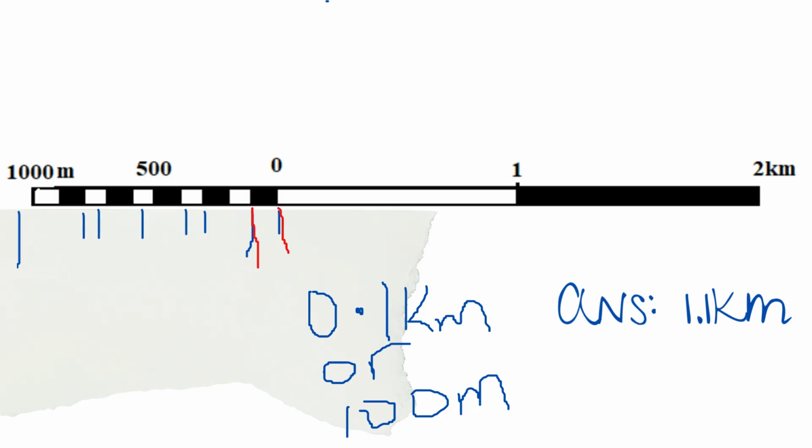Notice that the surplus is 0.1 kilometer, which is the same as 100 meters. So since we already had 1 kilometer and now we have 0.1 kilometer, we're going to add the 1 kilometer to the 0.1 kilometer. So our answer in terms of the full length of the river is 1.1 kilometer.